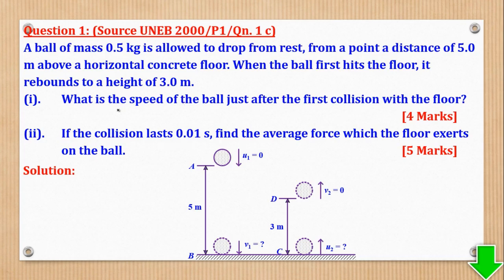First they said, what is the speed of the ball just after collision with the floor? So they want the value of this, because V1 is just before collision, then U2 is just after collision.